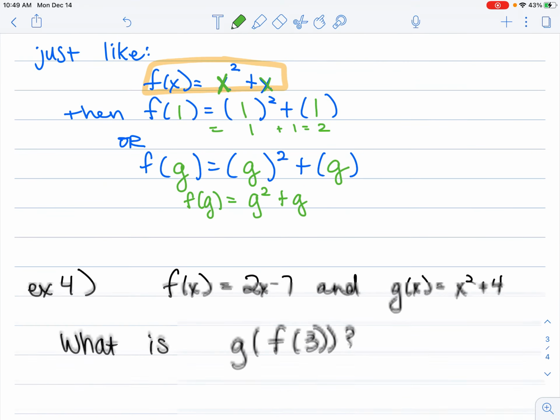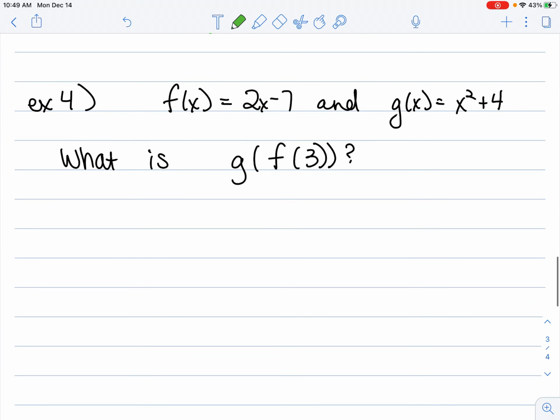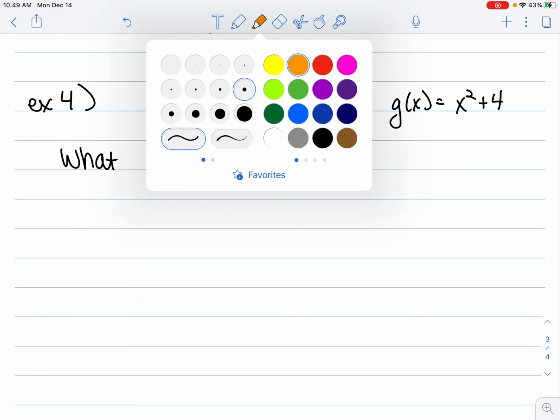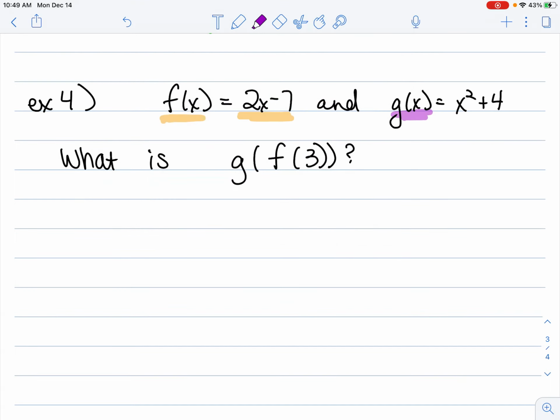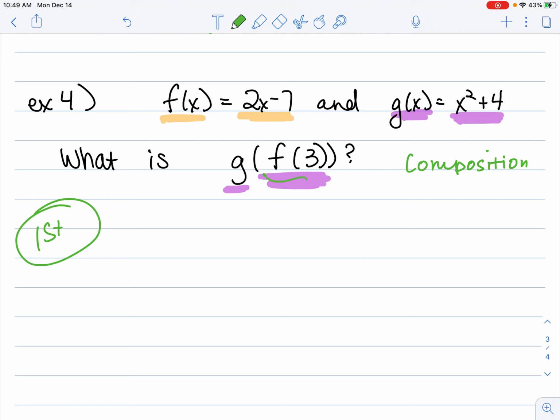So let's say, for example, if you've got f of x equals 2x minus 7, and if you've got g of x equals x squared plus 4, then what would be g of f of 3? So this is what we call composition. So the first step is we're going to find the inside function.